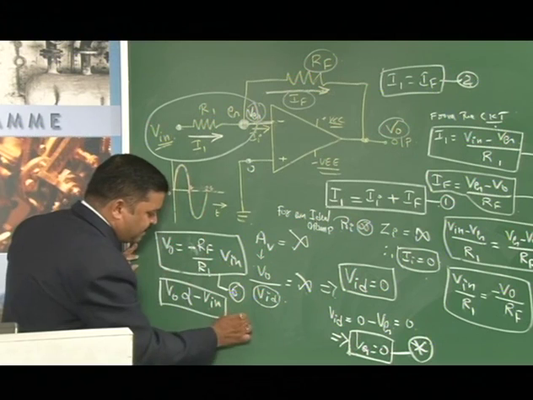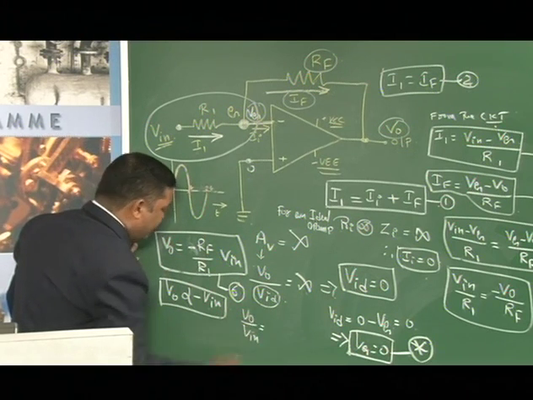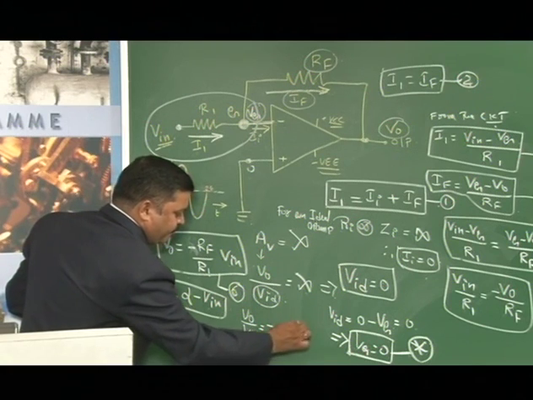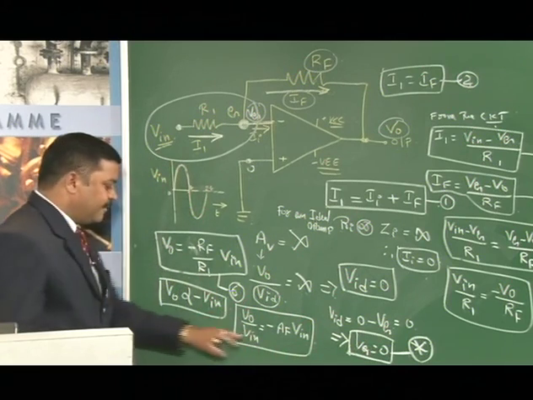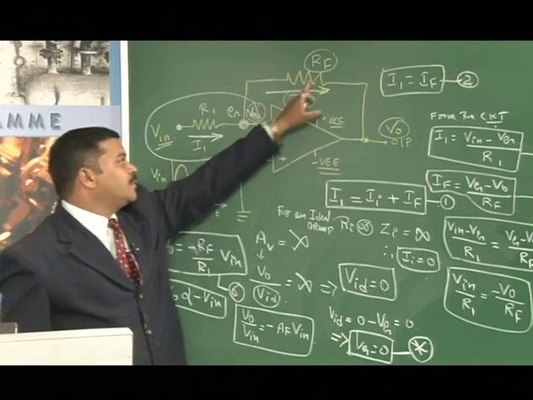So, what is V0 by Vin from equation 6? V0 by Vin is equal to minus AF, where AF is called the gain with feedback. There is a feedback here through Rf.